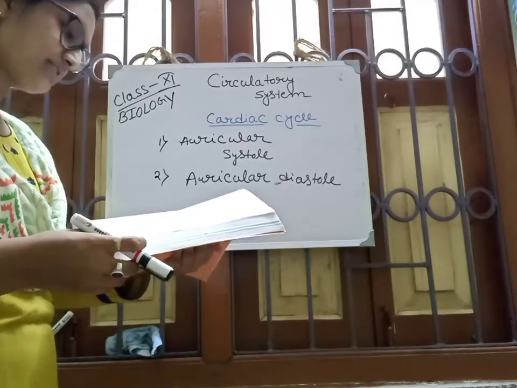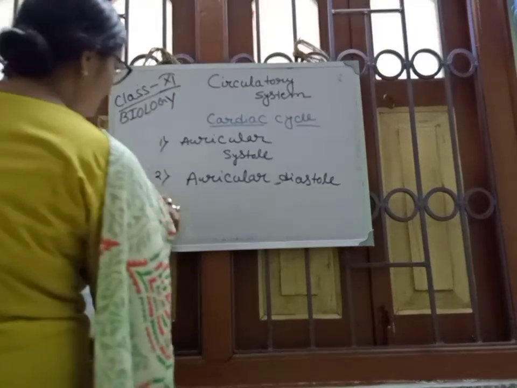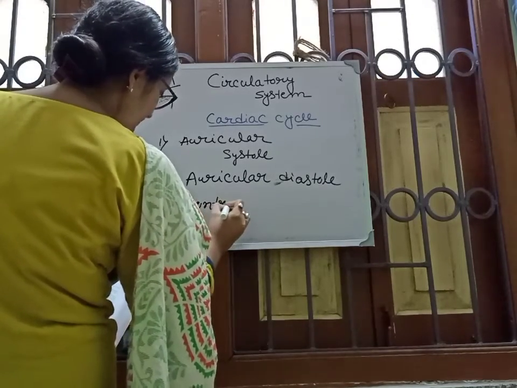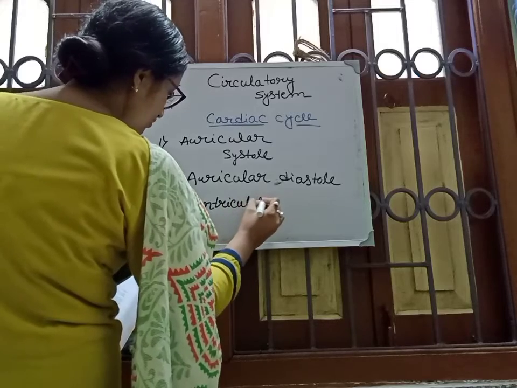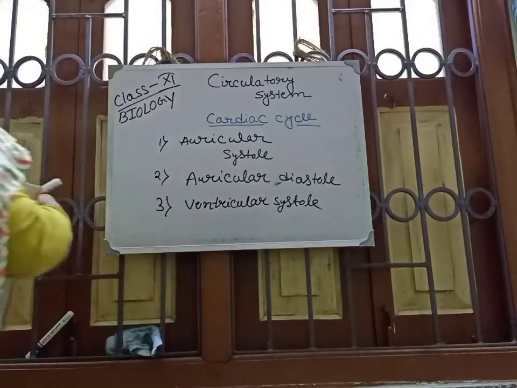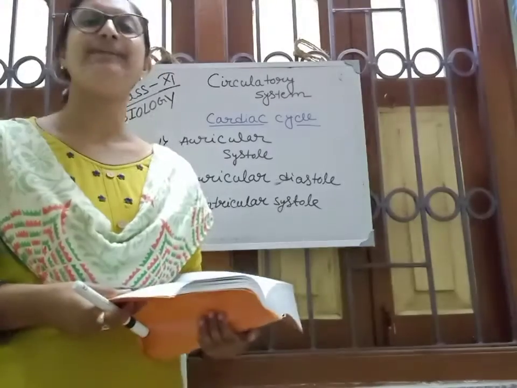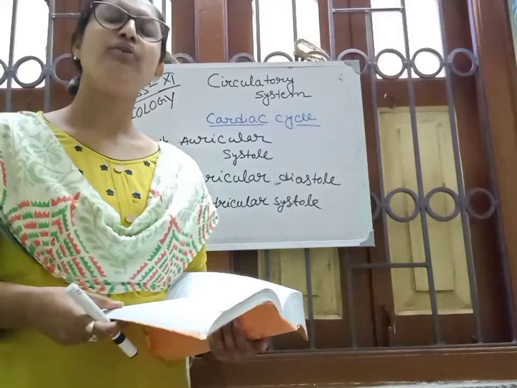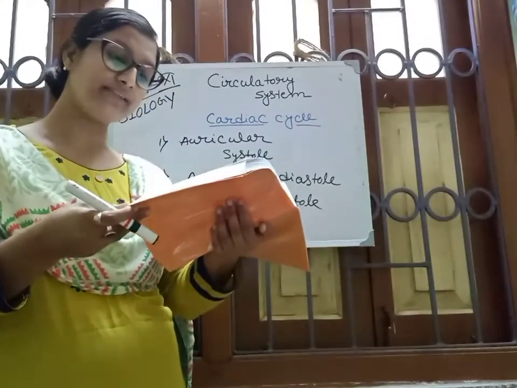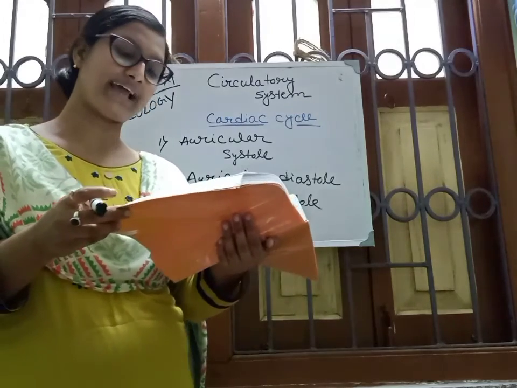The third one is the ventricular systole. What happens in the ventricular systole? When the ventricles are full of blood, they start to contract, and the pressure in the ventricles rises.